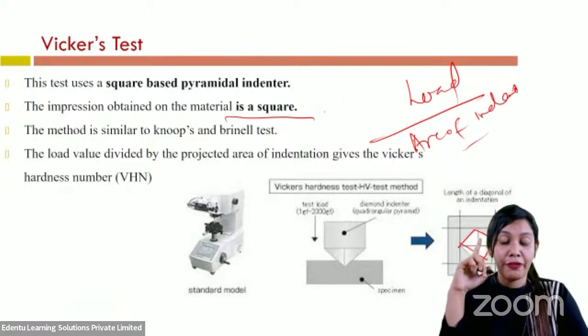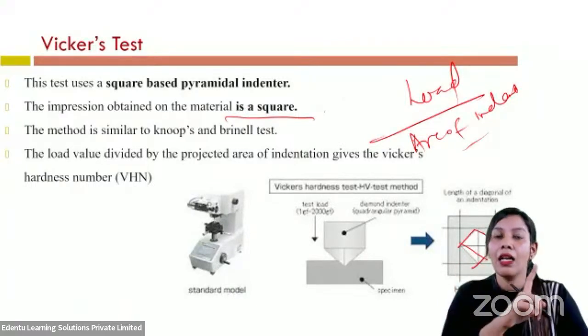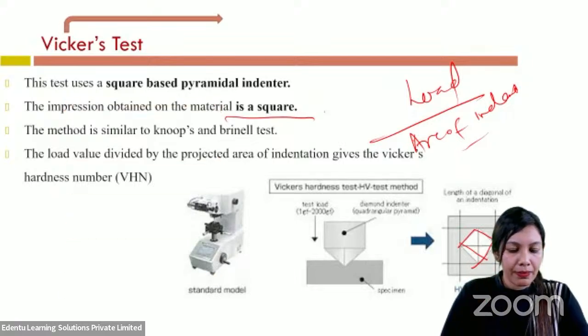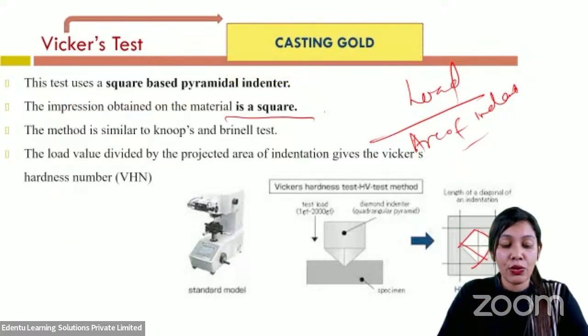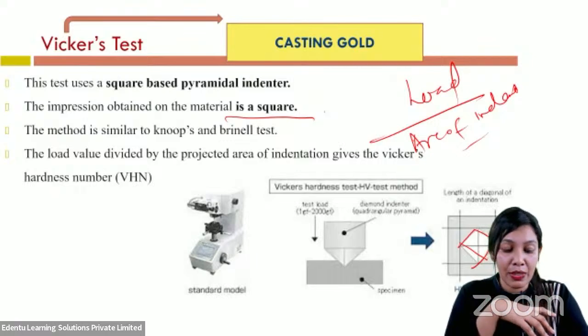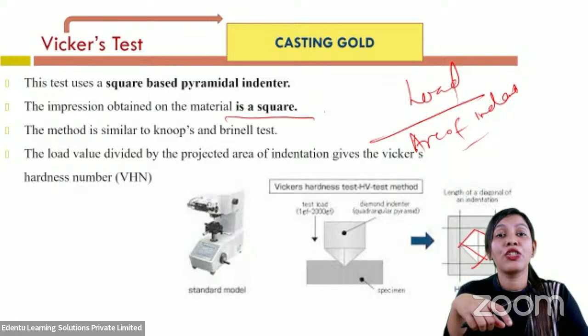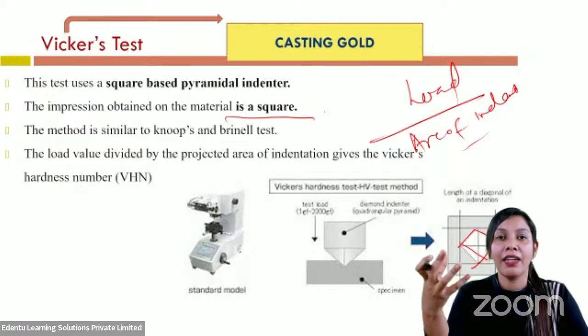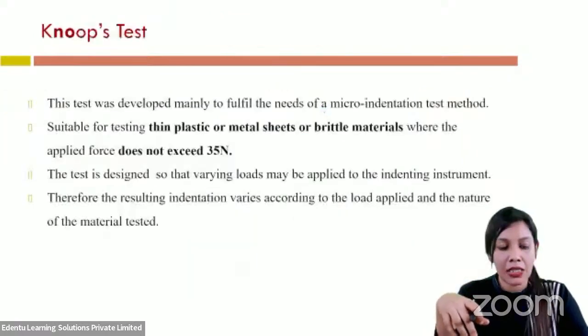First, as in the first formulation, the Brinell formula. Second one, just the depth we calculate. Very important thing: in the first two cases, we used it for metal and metallic substances. Here it is used for casting gold. Here the hardness is calculated with the help of Vickers test.